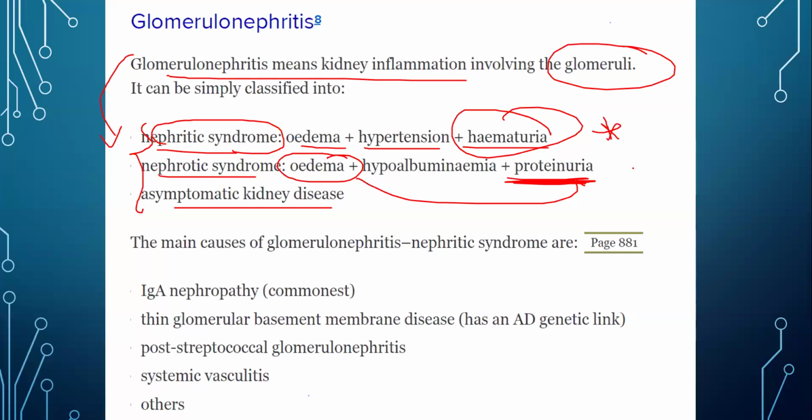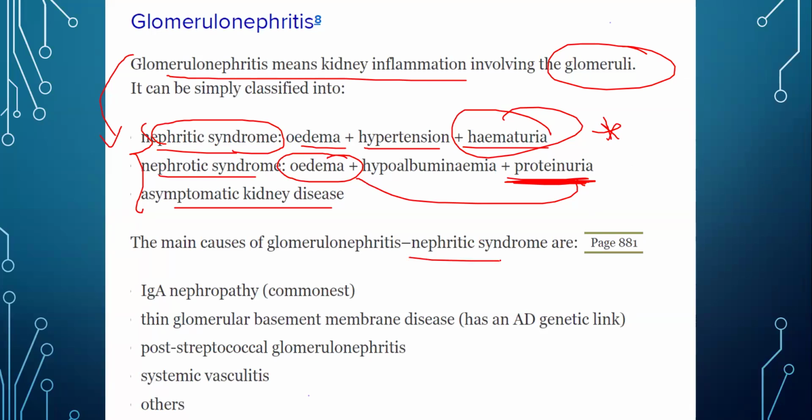It's all about how much. So a child having 3 plus hematuria and 1 plus proteinuria, we would think more likely that it is nephritic. Okay, so it can be a combination of everything, but what's main? If main is hematuria, then we think nephritic. If main is proteinuria, then we think nephrotic.